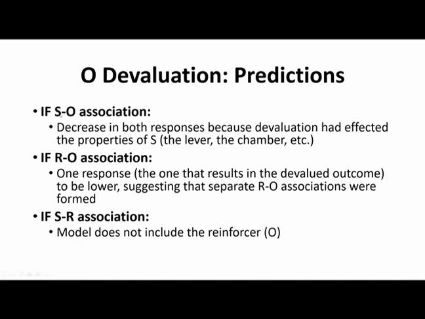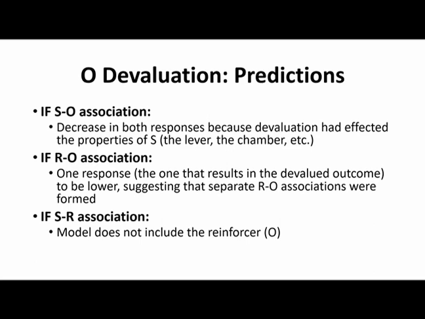And because the environment is affected, we'd see a decrease in both responses because both responses are occurring in that particular environment. If it's an RO association, then one response, the one that was specifically resulting or linking to that devalued outcome, should be lower.